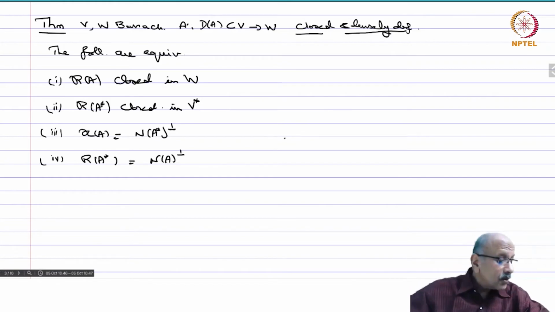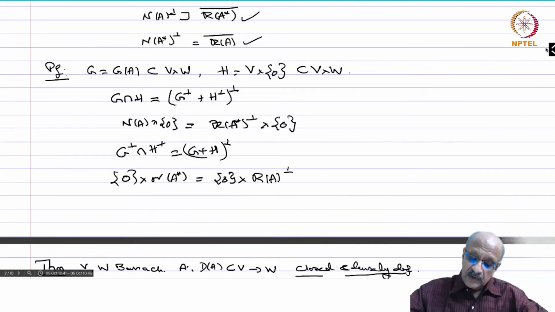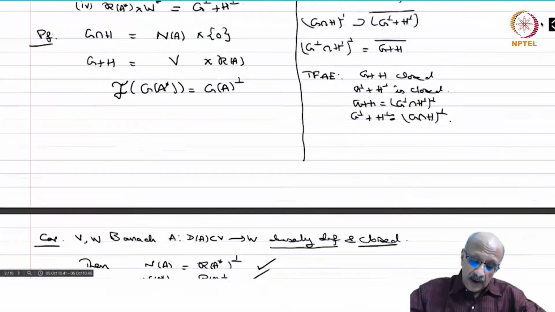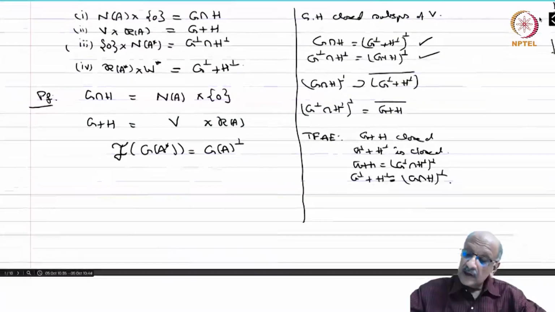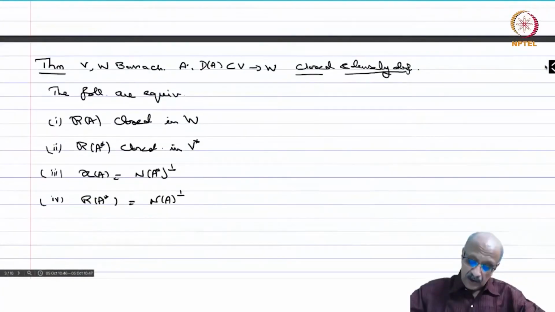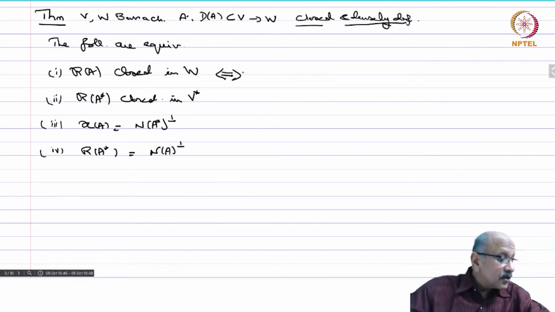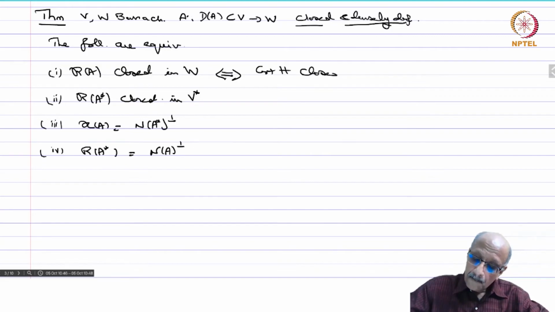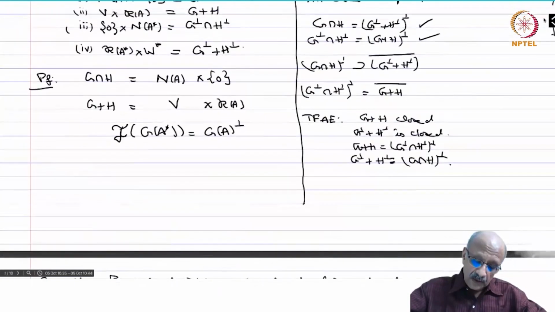Okay, so now if you look at the G and H definitions which we have given before, G equals graph of A, H equals V cross 0, and then we had various relationships between the two in this particular corollary. So if you go back and check all this, then this statement, range of A closed, is the same as saying G plus H is closed in V cross W, because what is G plus H?